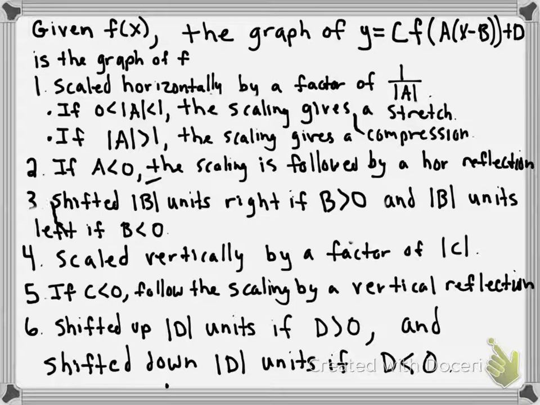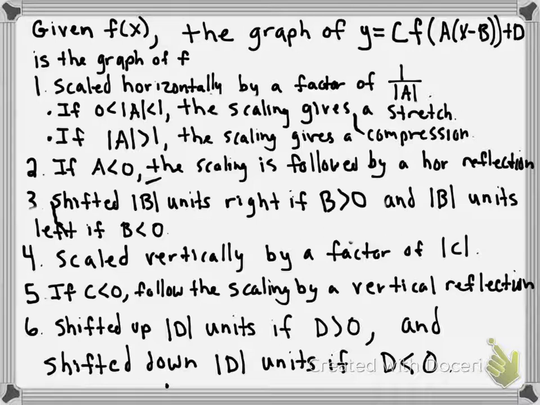Okay, now when handling c equals 2, going back to the first page, if you look at step 4 down here, so first of all, the given f of x, the graph of y equals c times f. Okay, so our value of c was positive 2. And if you look at step 4, now that we've done our first 3 steps, step 4 says that we should scale the graph vertically by a factor of absolute value of c.